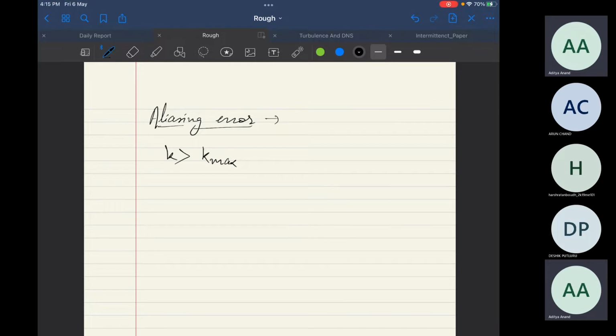Okay, so what's happening is, this is the highest frequency you can resolve, but there are frequencies higher than this present in the flow. So this green wave will alias itself as a wave of a lower wave number or some other wave.